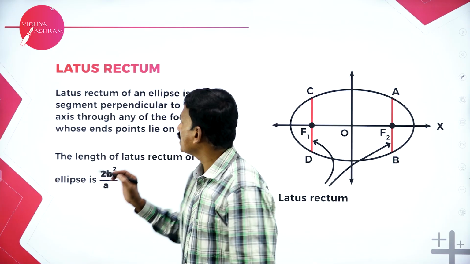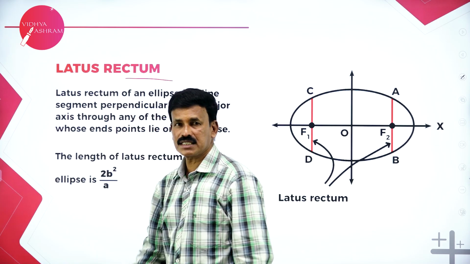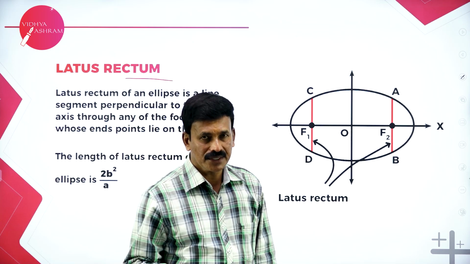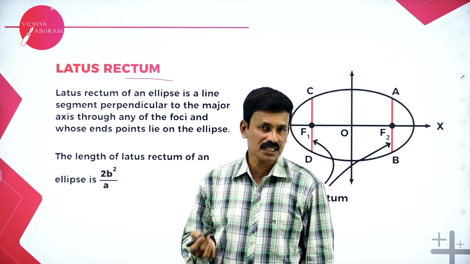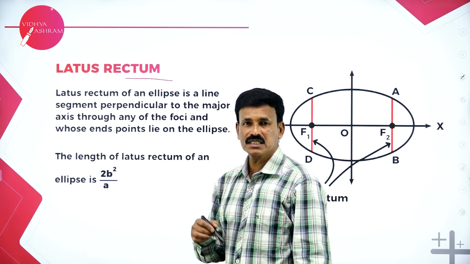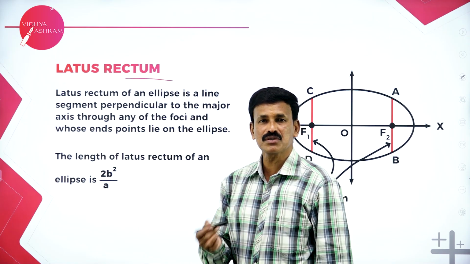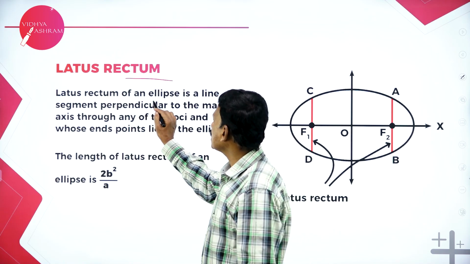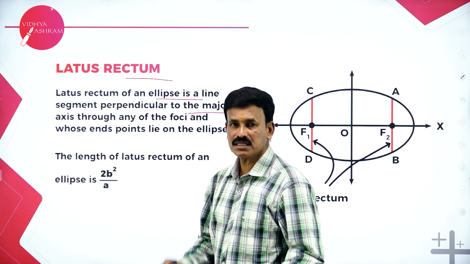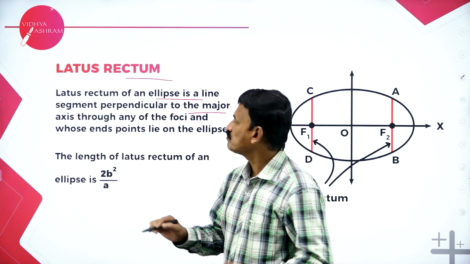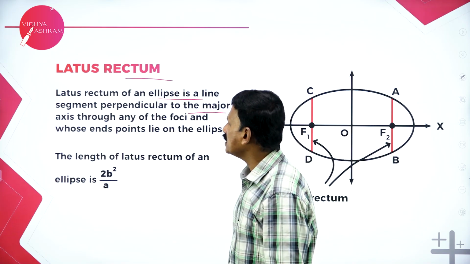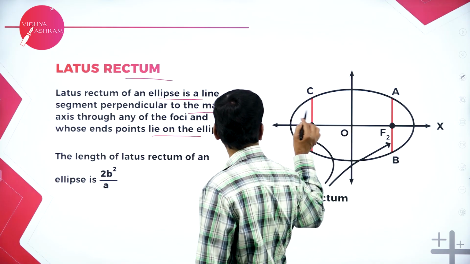Now let us move on to the next concept, that is latus rectum. In the previous class, we discussed the length of the latus rectum, the equation of the latus rectum. What is the latus rectum? It is a line segment perpendicular to the major axis, through any of the foci, either F1 or F2, whose endpoints lie on the ellipse.